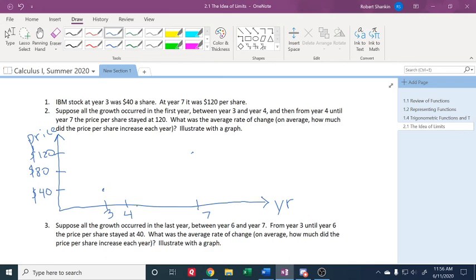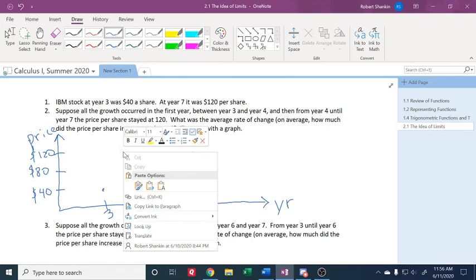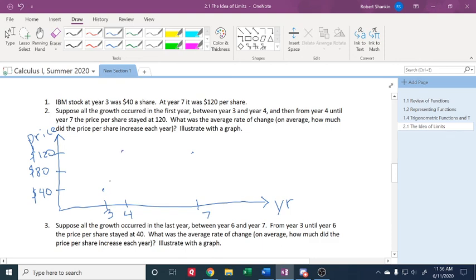We got it because at year 3, the price is $40, and then at year 4, it goes up to 120, and then it stays there. So there was a growth of $80 from year 3 to year 4. Ah, okay. From year 3 to year 4, the slope of this was 80, so it's going up $80 per year. And then from here to here, it stayed steady.